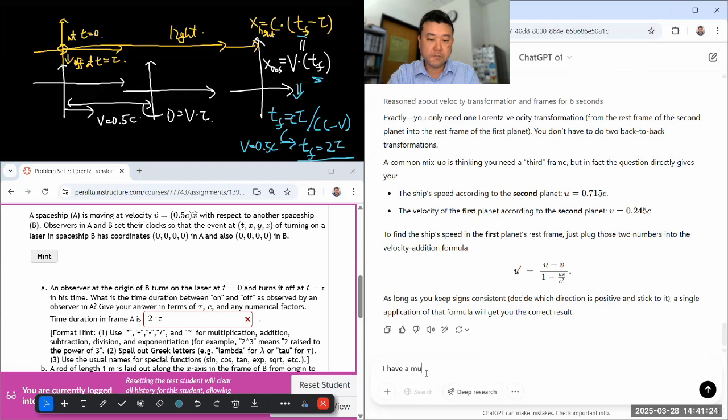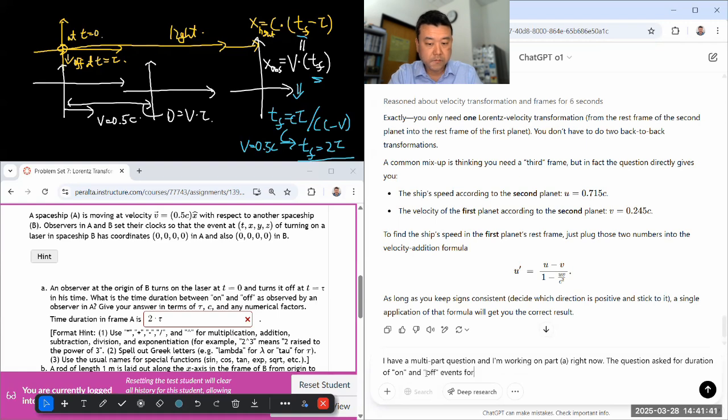I have a multi-part question, and I'm working on part A right now. The question is for the duration of the on and off event for a moving observer.